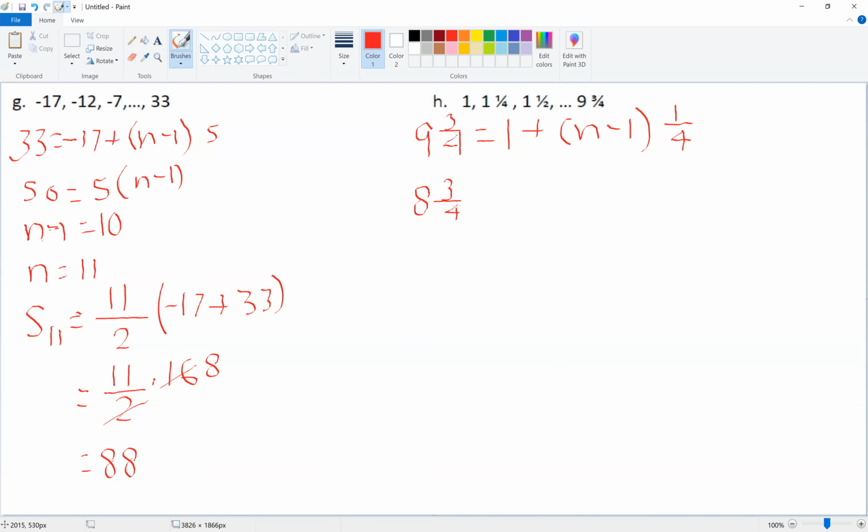And then I subtracted the 1, so it's 8 3/4 is n minus 1 multiplied by 1/4, and I multiplied both sides by 4. And then I got 35 equals n minus 1. And then I added the 1, so 36 equals n.